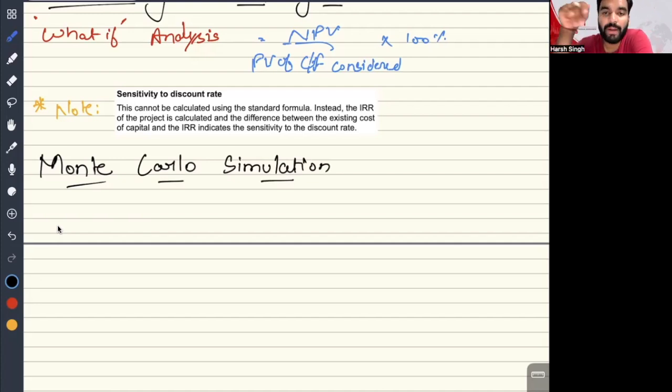But when it comes to Monte Carlo simulation, we use different variables, and for these variables we provide different probabilities. So we change more than one variable at the same time.